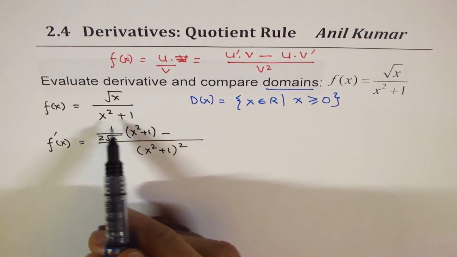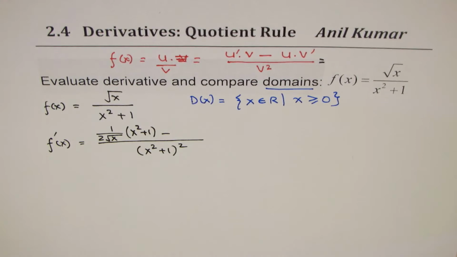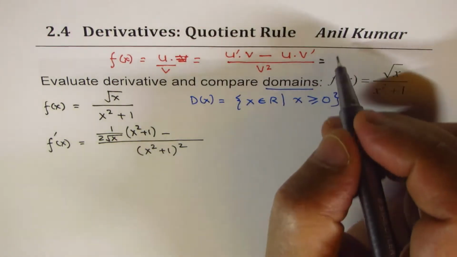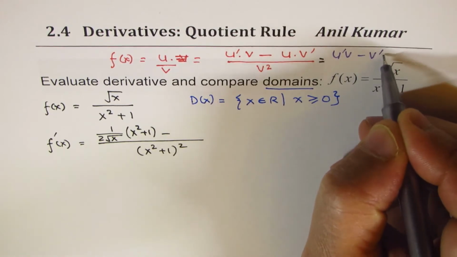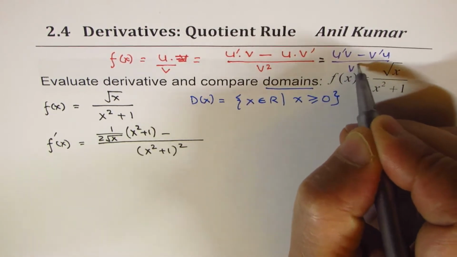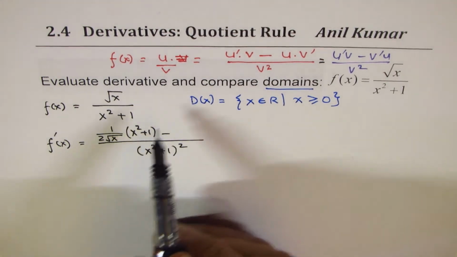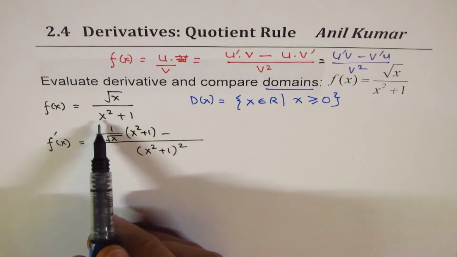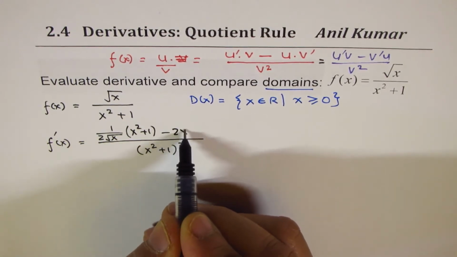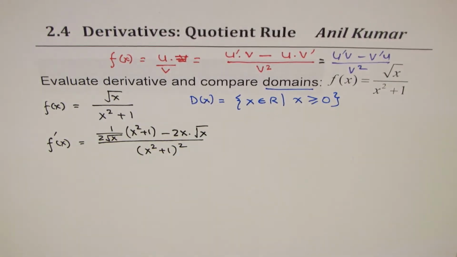Now I prefer to write the derivative first. So I prefer to use this formula in this fashion: derivative of this minus derivative of this times u over v square. Simply because the derivatives are simpler than the expression at times. So it is 2x, so I'll write 2x times the function which is square root of x.